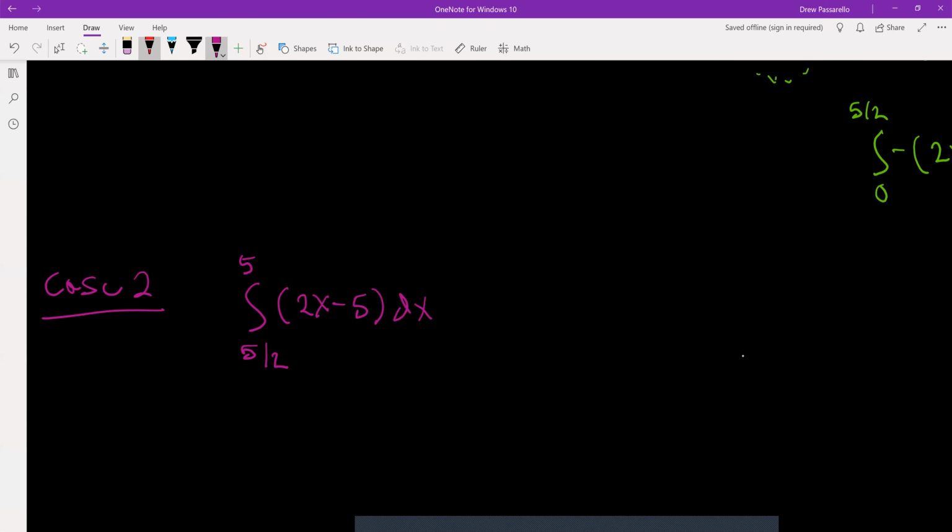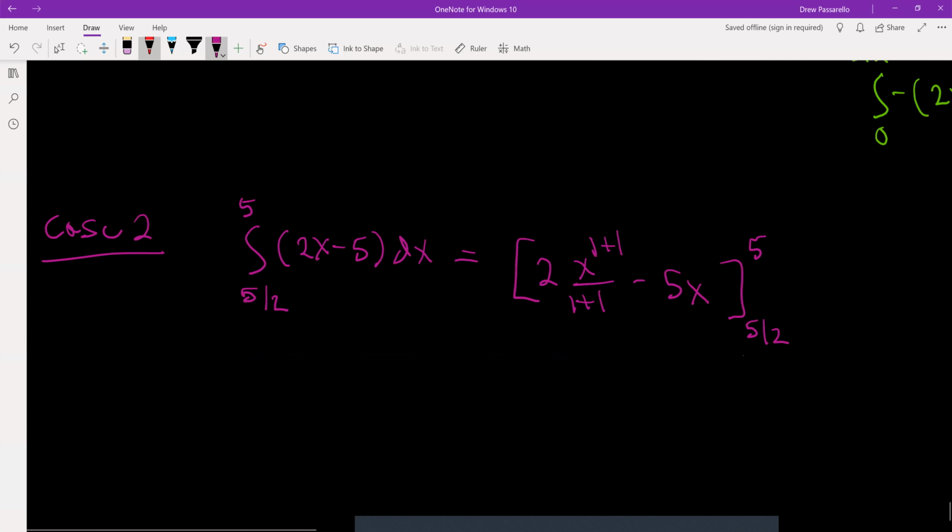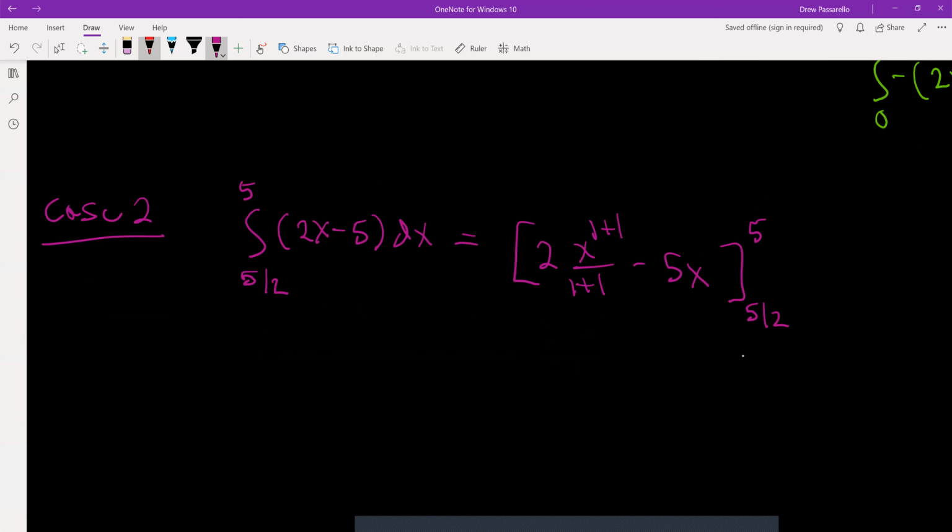All right, so integrating this, I do 2 times the integral of x, that's x to the 1 plus 1, or just x squared, divided by 1 plus 1, or divided by 2. And then integrating -5, that becomes negative 5x. All right, and so the 2's divide out, so you just have x squared minus 5x.